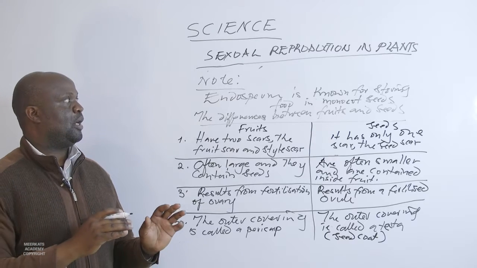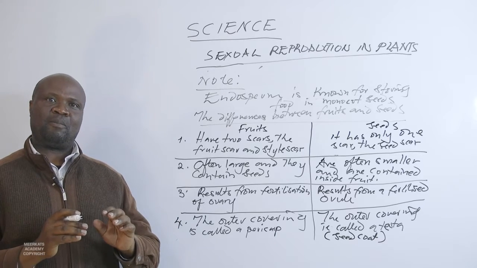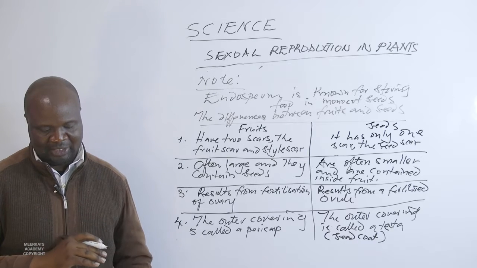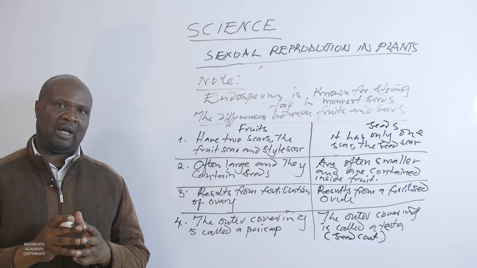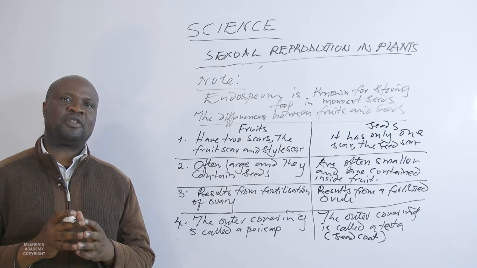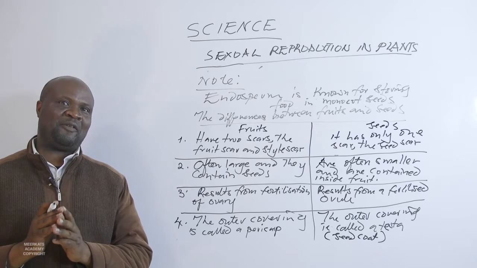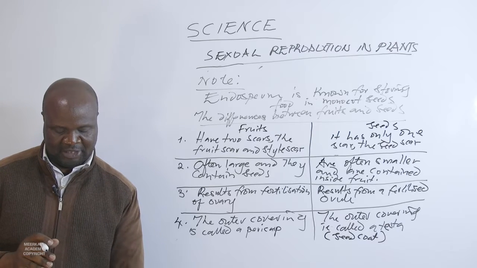So up to now, we have seen the differences between the seeds and fruit. We have seen the parts of a dicot seed. We have also seen the parts of a monocot seed. We have seen the functions of these relevant parts of the seed.